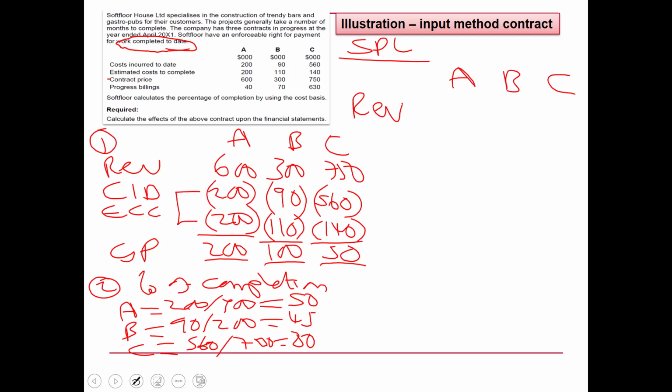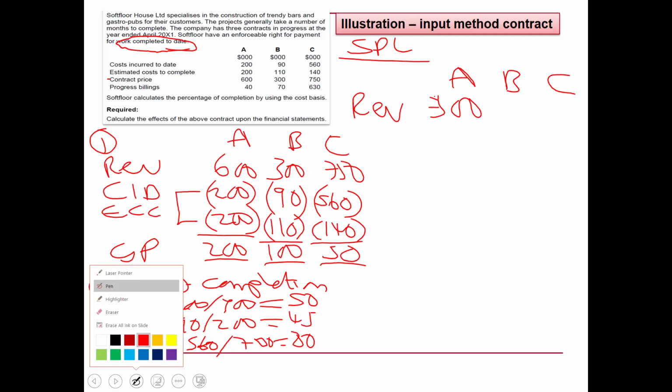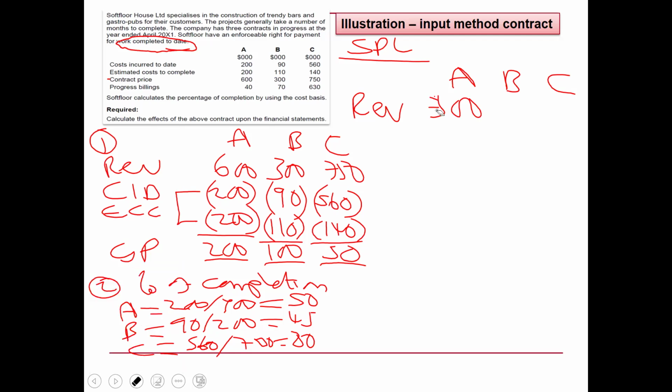So far, we are 50% through, which means the revenue we recognize now is 50% of 600, which gives us 300. So let me write it properly, 300.